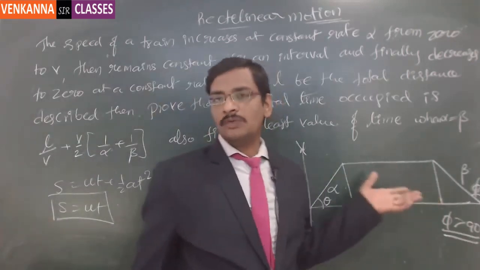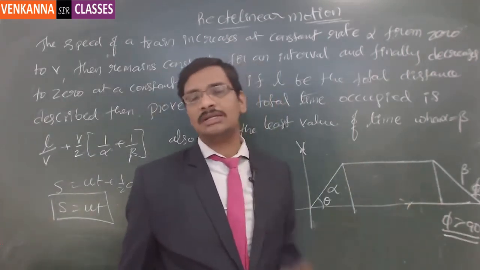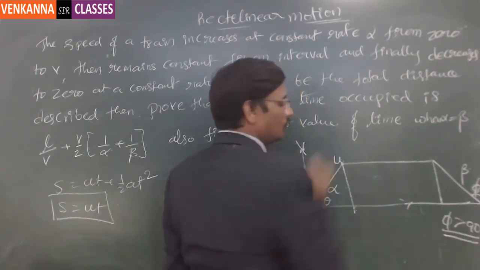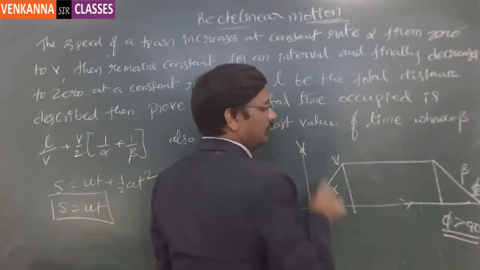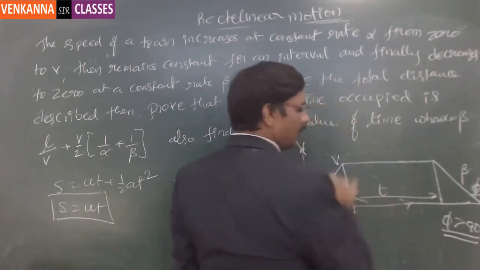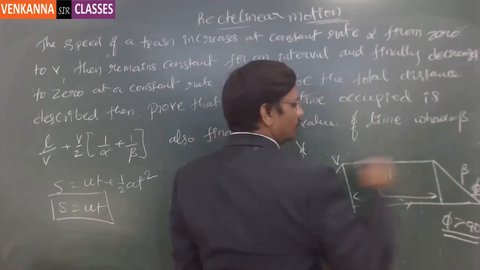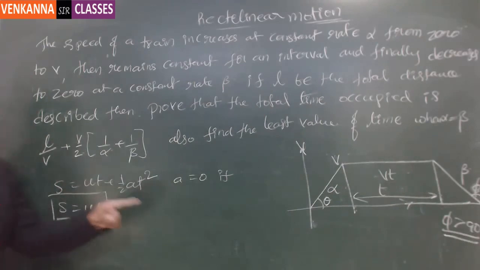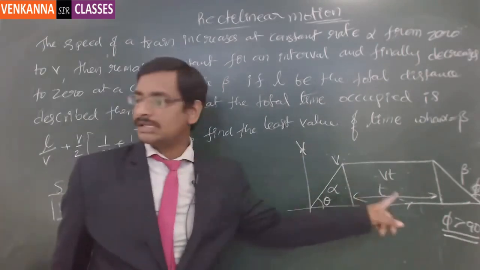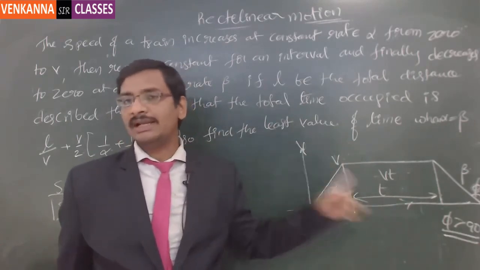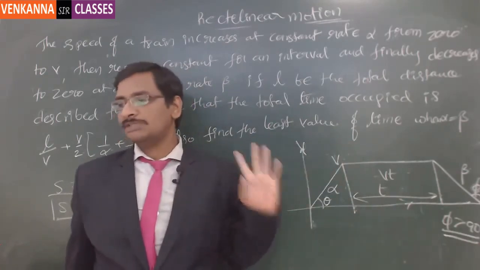But the rule of area under this curve is still acceptable because this height is v or u, and the time taken in between these two, let us say this is t, the area under this curve is vt. So area under the curve still applies to the displacement, even with constant velocity or with constant acceleration. That is independent. Even with variable acceleration, integral v dt will give the displacement traveled.